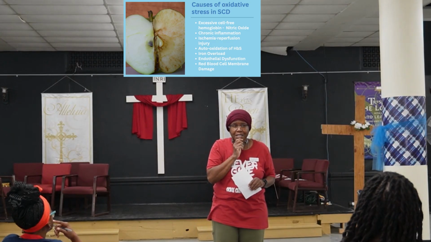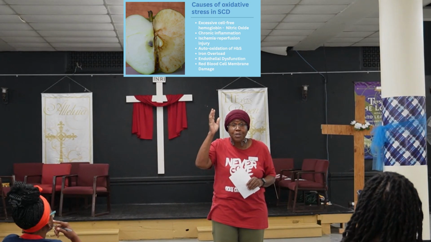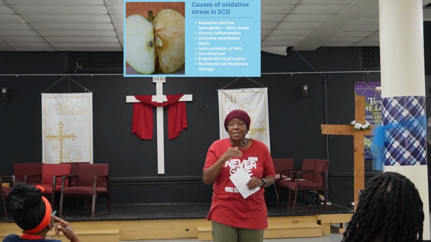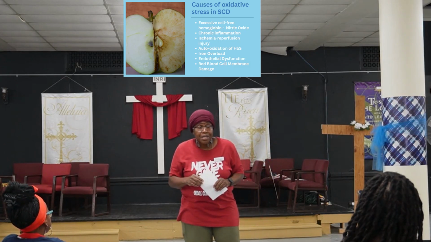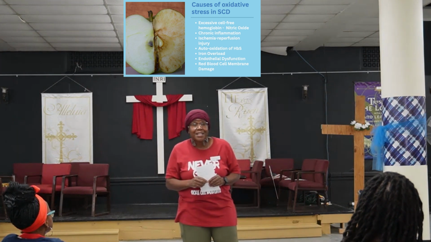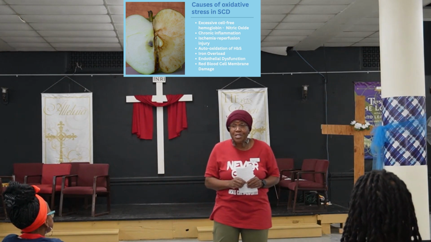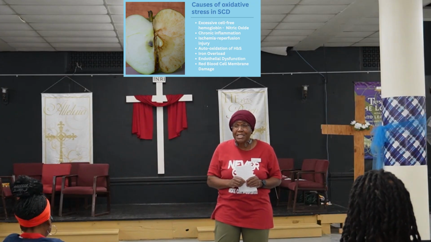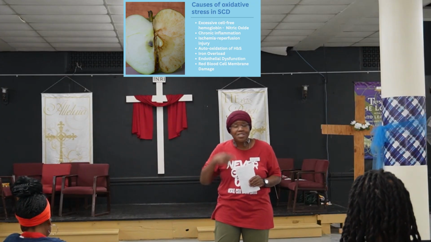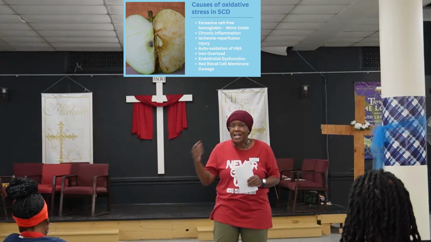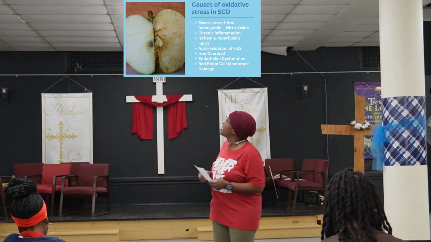More than 120 or less? Less. Way less. The sickle cell lasts only 10 to 20 days. So that means they're constantly breaking down, constantly breaking down. Hemolysis is huge.